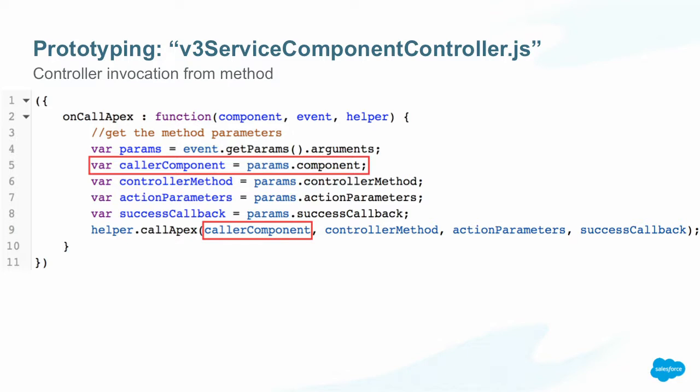Otherwise I would lose it, because this component here is the reference to my service component. I need a reference to the one who is actually calling this. This is the only thing which is probably strange here. So callerComponent, I get the reference here and I pass it to my callApex method.